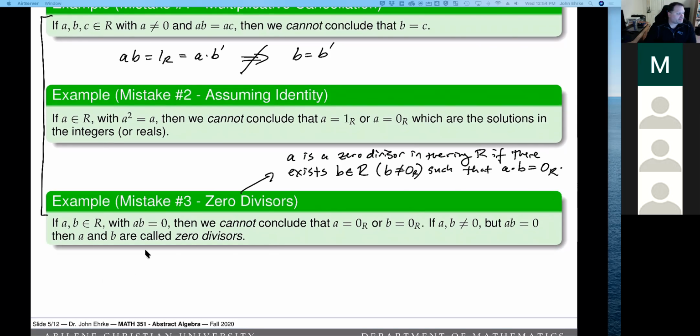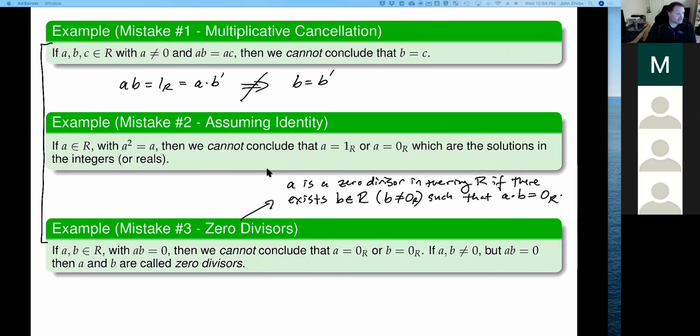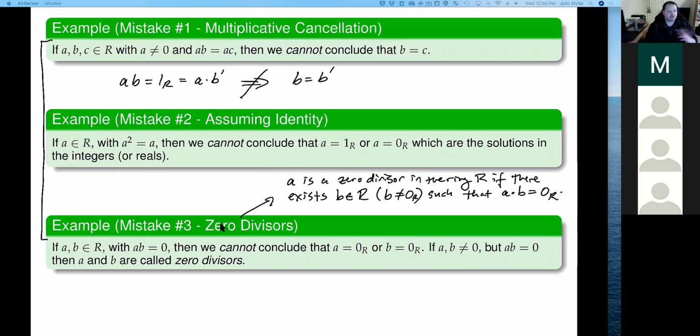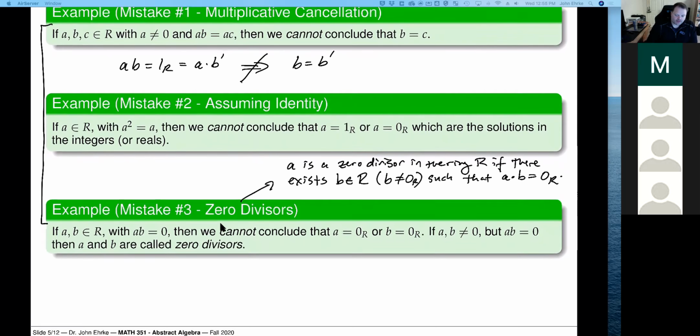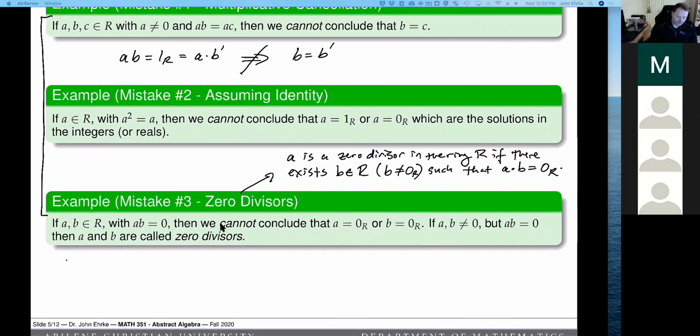I want to show you that having no zero divisors is equivalent to having the cancellation law. So if you don't have any zero divisors, then you have the cancellation law. And I want to show you that. So suppose that A times B equals A times C implies that B equals C. Then if AB is equal to 0, where B does not equal 0, then this says what?